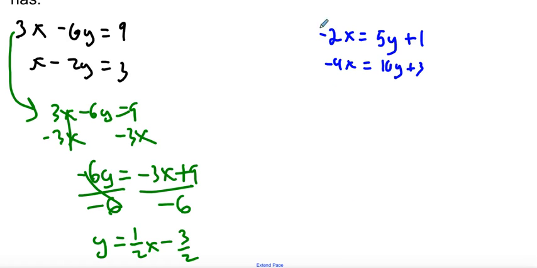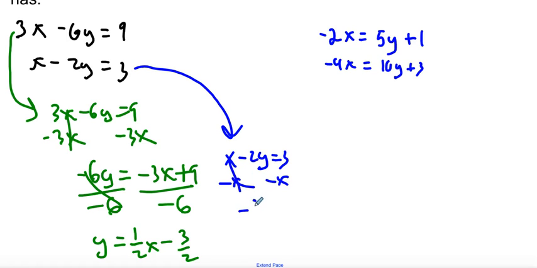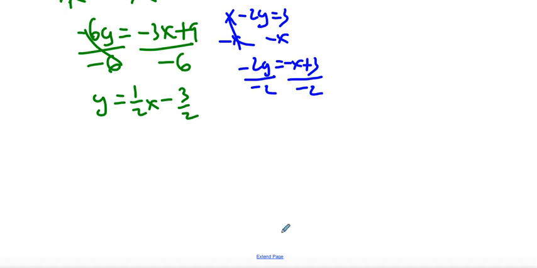Okay, so let's do the same thing for this one right here. x minus 2y equals 3. So I'm going to subtract x, and I'm going to divide both sides by negative 2. So I get negative 1 over negative 2, which is a positive 1/2, and a positive 3 over negative 2, which is the same thing as negative 3/2.